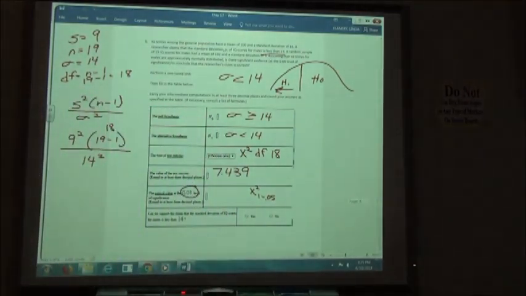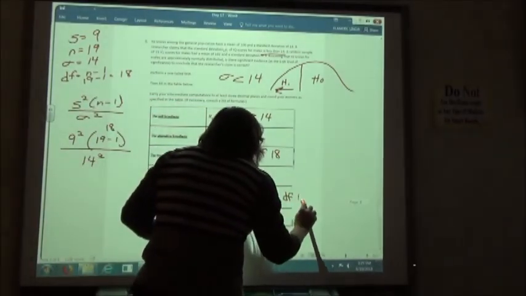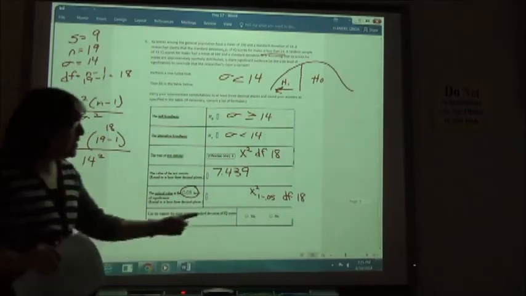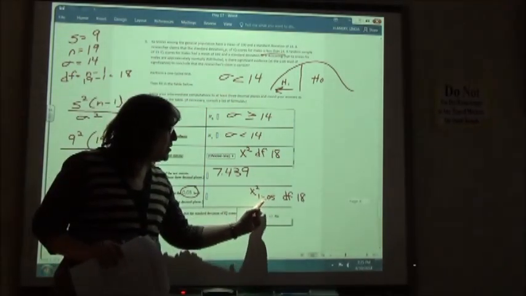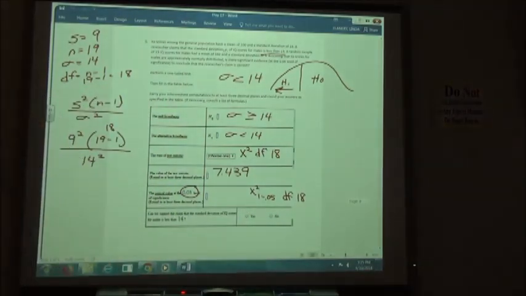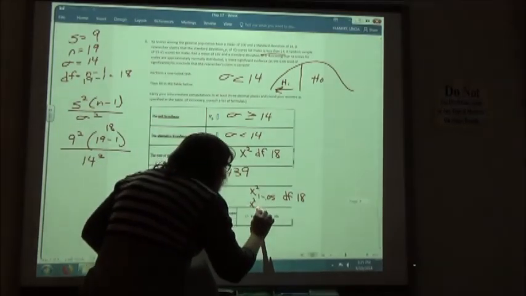Instead of just using the 0.05 like we normally do on the chi-squared, if we're going to the left, we're going to do 1 minus that, with a degree of freedom, of course, of 18. You can either type it in with the 1 minus, or do the 1 minus in your head and just put in 0.95, whichever way you want. That's why I wrote 2 things.